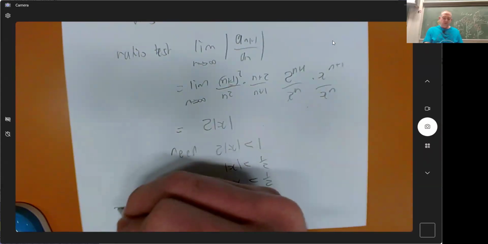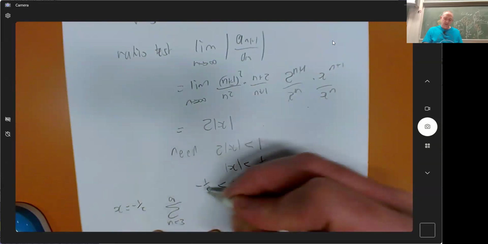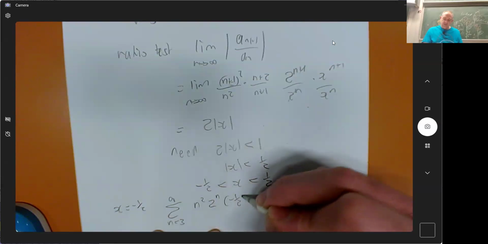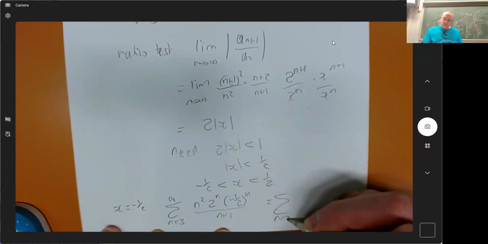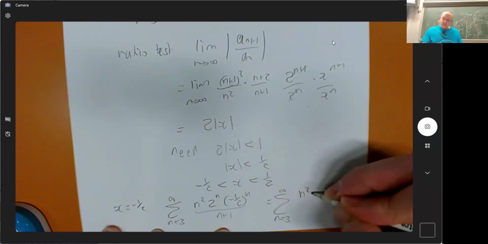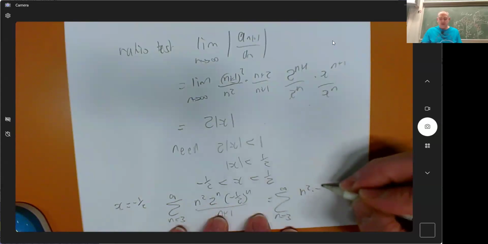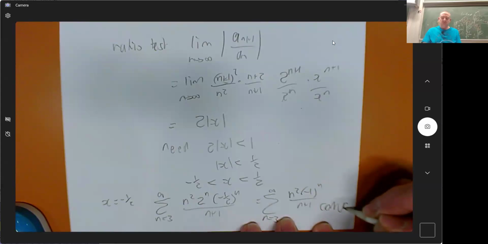And then what I would do is I would test x equals minus a half, and I'd get the sum from n equals 3 to infinity of n squared 2 to the n times minus a half to the n. And so that would be n squared, and the 2 to the n and the 2 to the n on the bottom would cancel each other out, and I'd get a minus 1 to the n. And so that one converges.